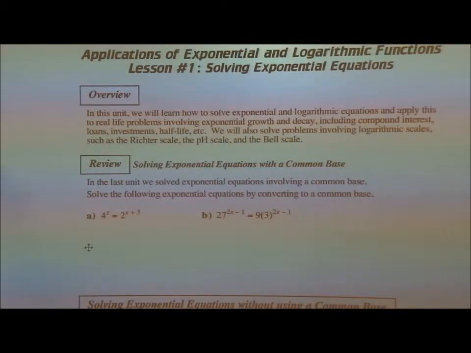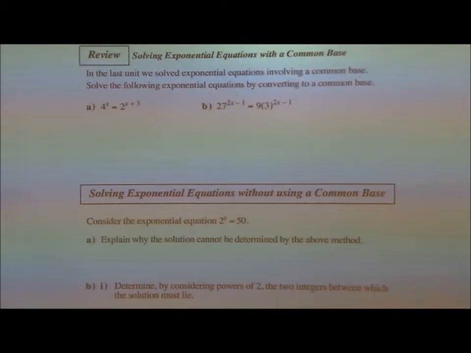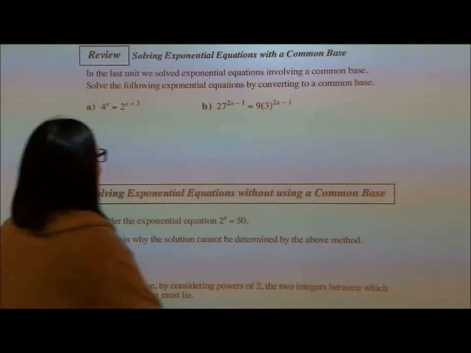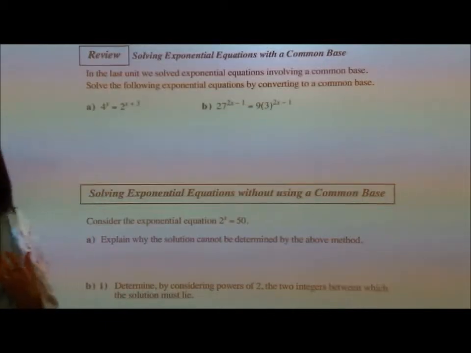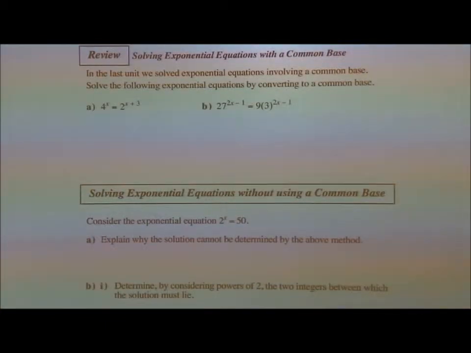If we review from the last chapter, solving exponential equations with a common base. If I have an equation 4 to the power of x equals 2 to the power of x plus 3, can I find a common base for my 2 and my 4? Squared. 2 squared.